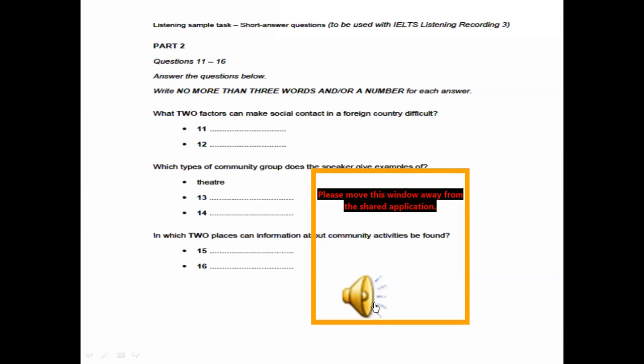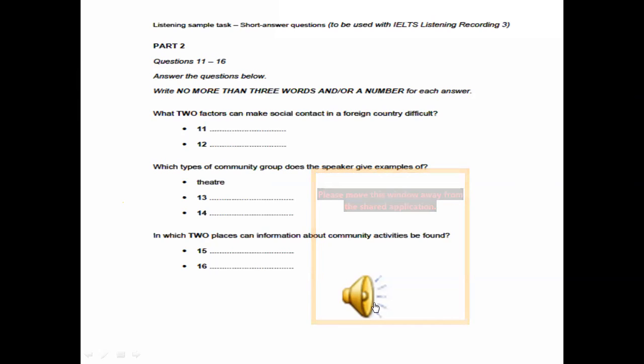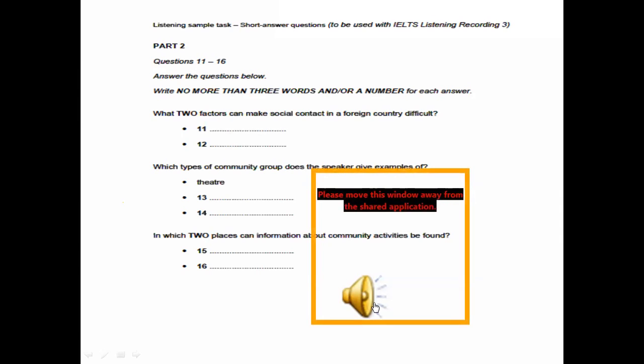If you're going to work in the UK, you will probably be living in private accommodation, so it won't be quite so easy to meet people. But there are still things that you can do to help yourself. First of all, you can get involved in activities in your local community. Join a group of some kind. For example, you'll probably find that there are theatre groups who might be looking for actors, set designers and so on. Or if you play an instrument, you could join music groups in your area.